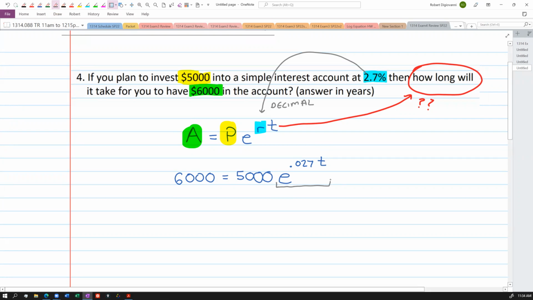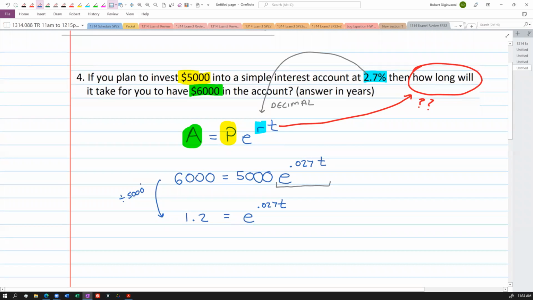So 6,000 divided by 5,000, I get 1.2 on the left equals e to the 0.027t. All I did from here to here is I divided both sides by 5,000, right?